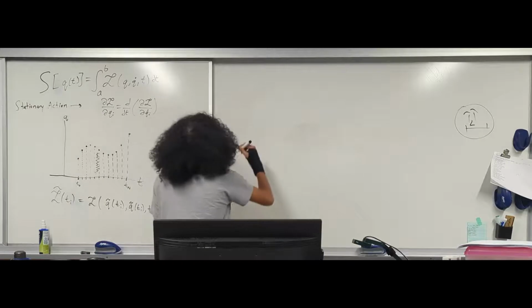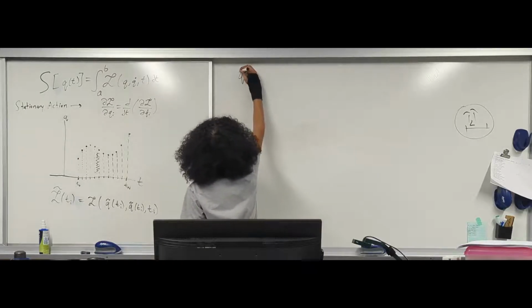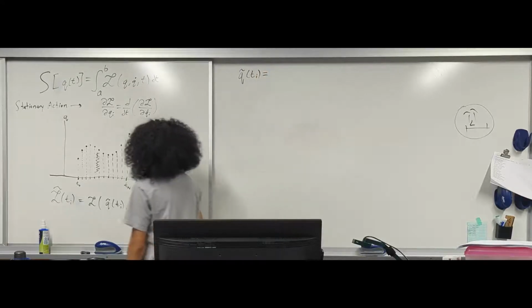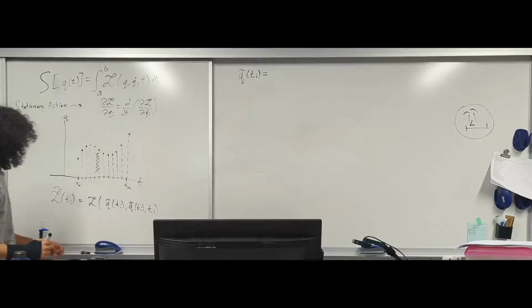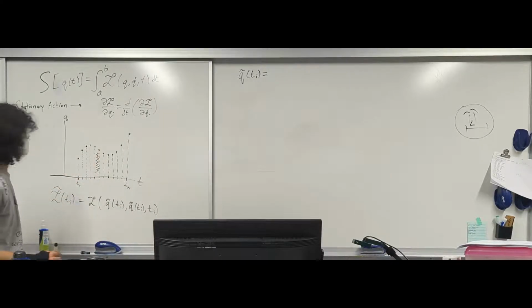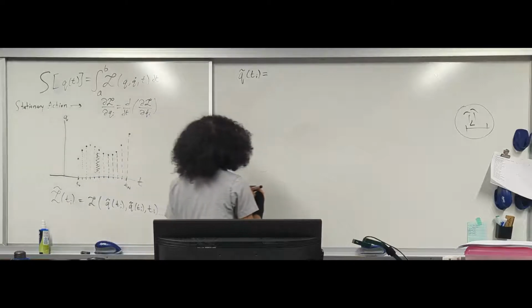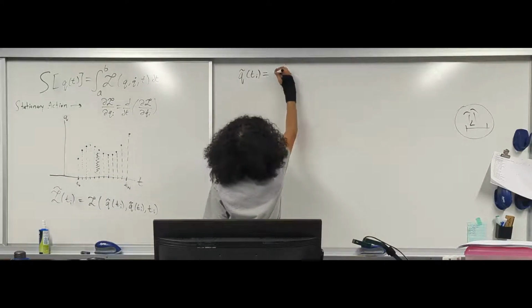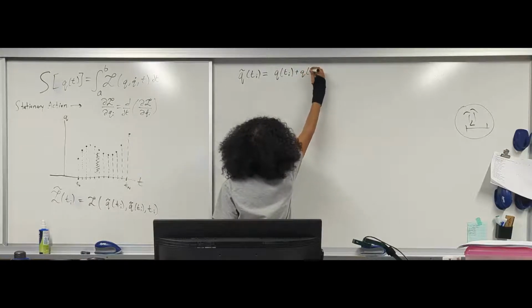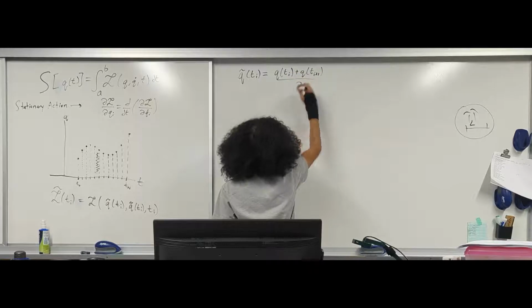Well, this q tilde of ti, we can think of it as an average of these two positions, a literal average. So we would have q of ti plus q of ti plus 1, divided by 2.